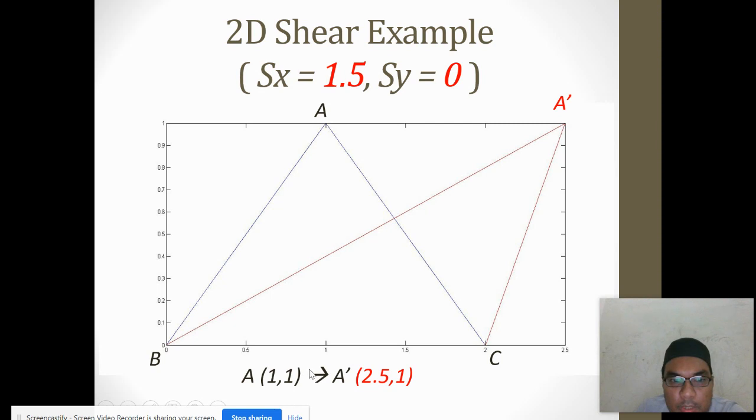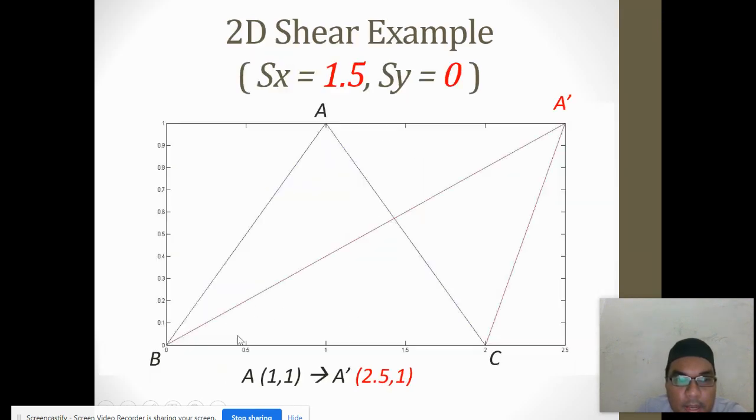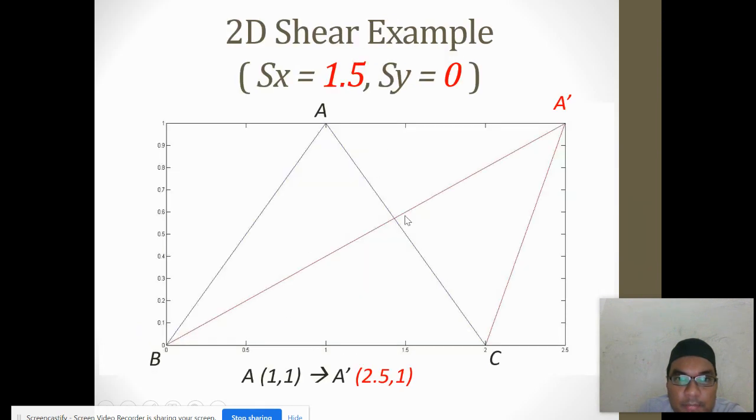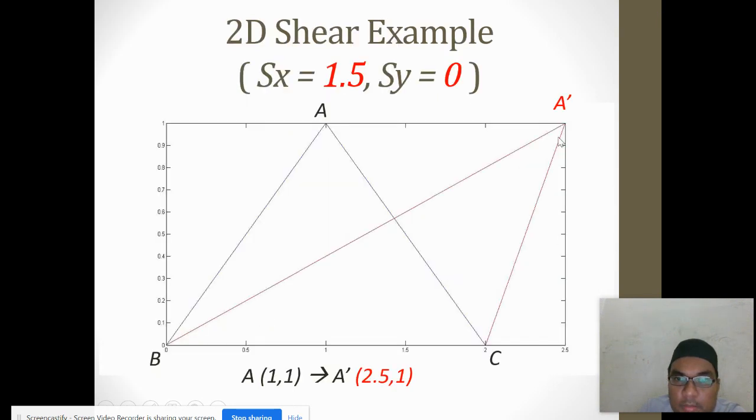When you have a shear of 1.5 and 0, by using this equation, for example the x is 1, and the x shear here is 1.5 multiplied by 1, which is 1.5, plus 1 becomes 2.5.